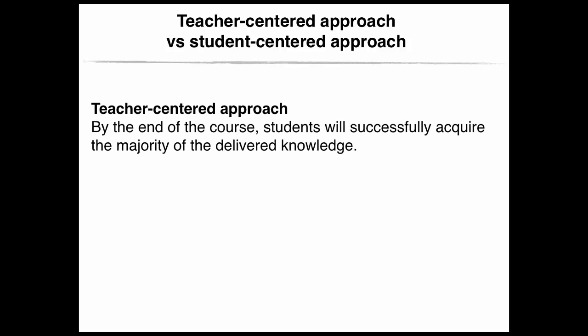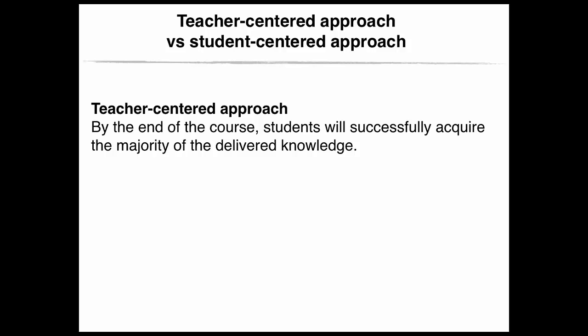The objectives behind using each of these two approaches are as follows. In a teacher-centered approach, by the end of the course, students will successfully acquire the majority of the delivered knowledge. In other words, the emphasis is on knowledge acquisition, even if this knowledge is delivered outside the context in which it will be used.